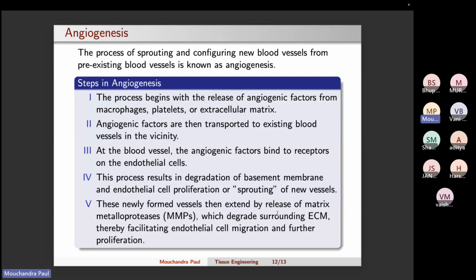When the surrounding ECM is degraded, these sprouted blood vessels extend and penetrate through the tissue. While this penetration is happening, new endothelial cells formed through cell division are also helping the lengthening of these newly formed blood vessels.